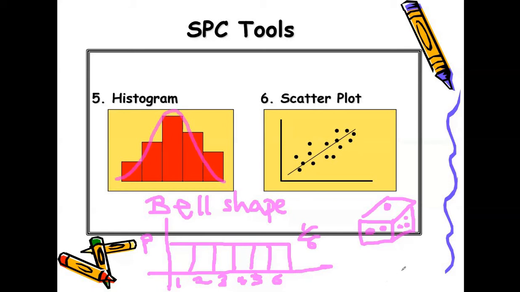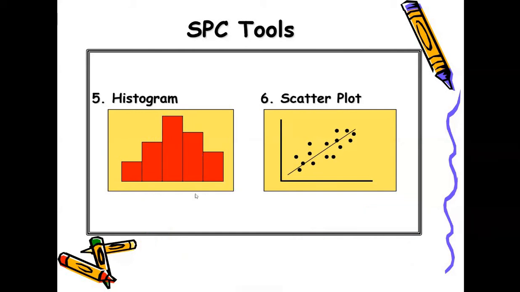If you toss a coin, what is the chance to have a head or tail? 1/2. So what is the distribution of this coin? How will the distribution look?